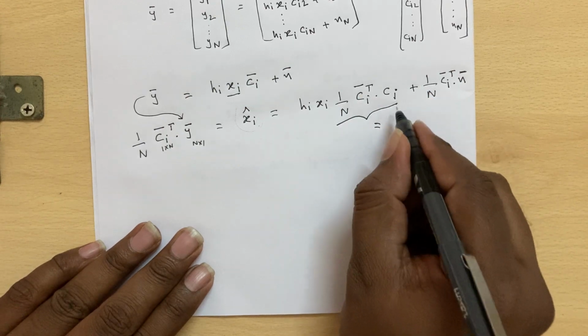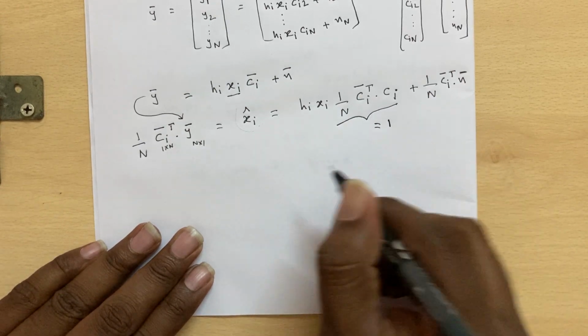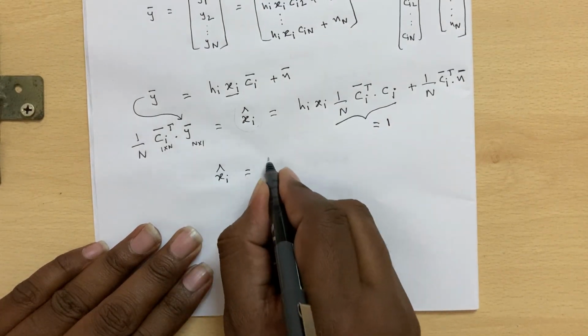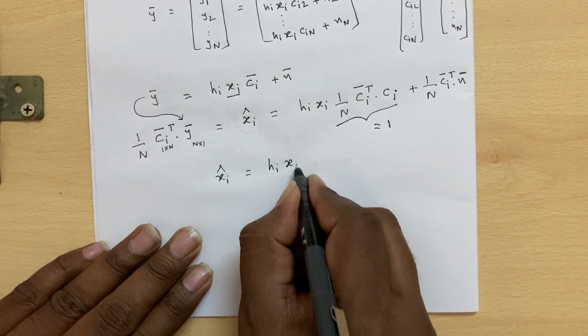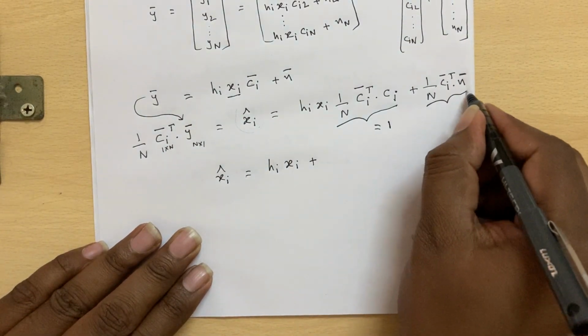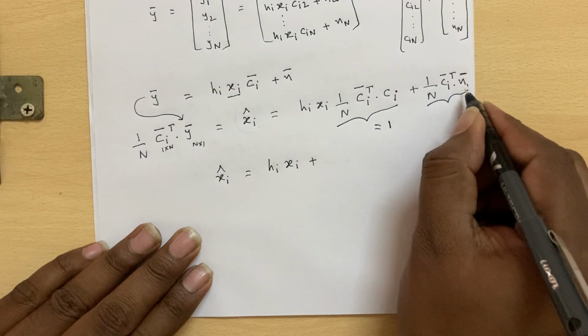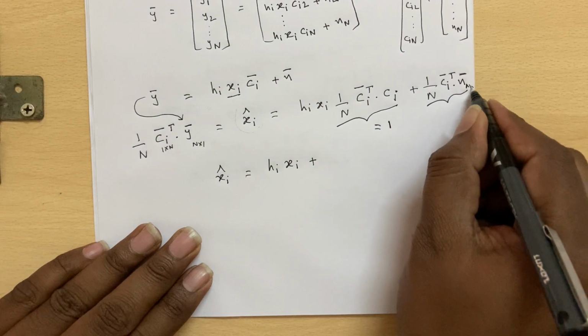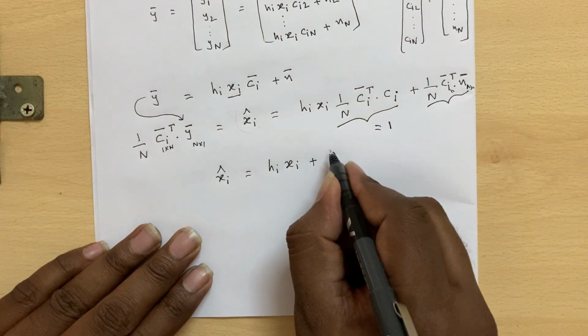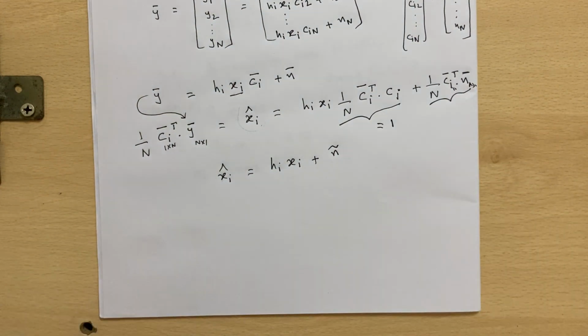For i equal to j, this value is 1. Then the estimate has two components, Hi into Xi plus a term that is also a scalar, because it is 1 by n times n by 1, which we write as n tilde.